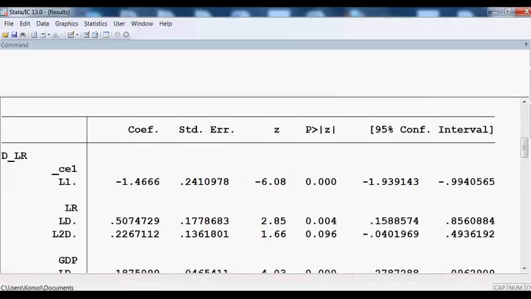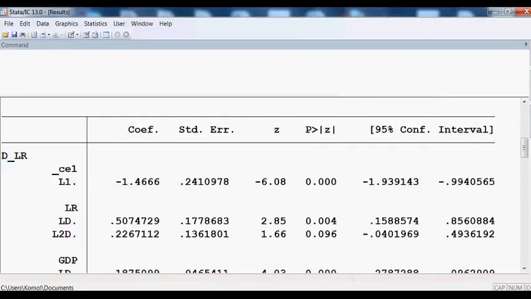And here you can see this is the dependent variable. And what happens? The software that we are using normally converts all the variables automatically into first difference.